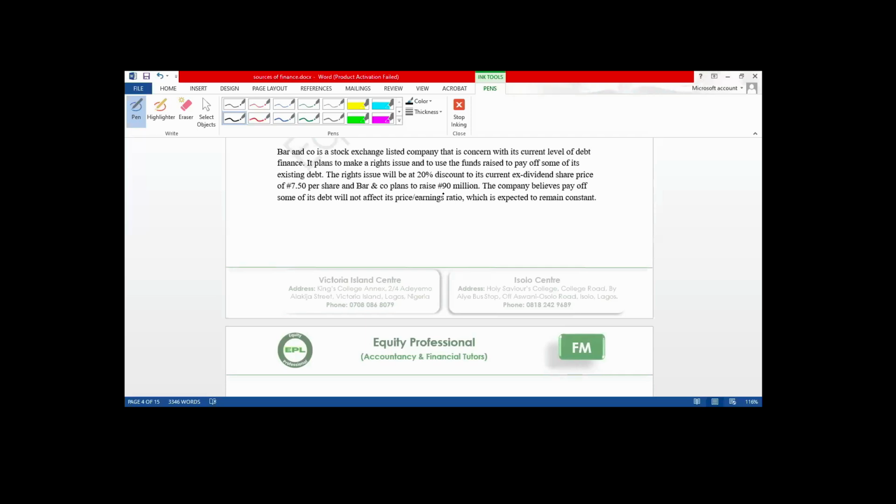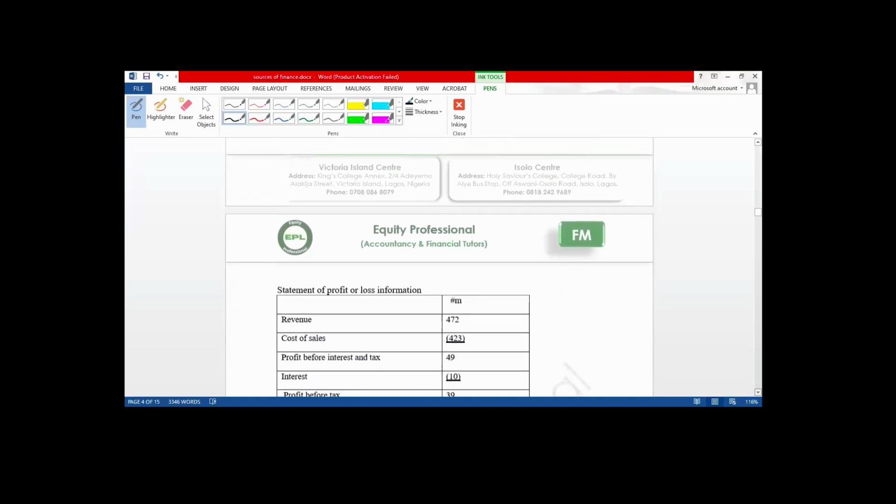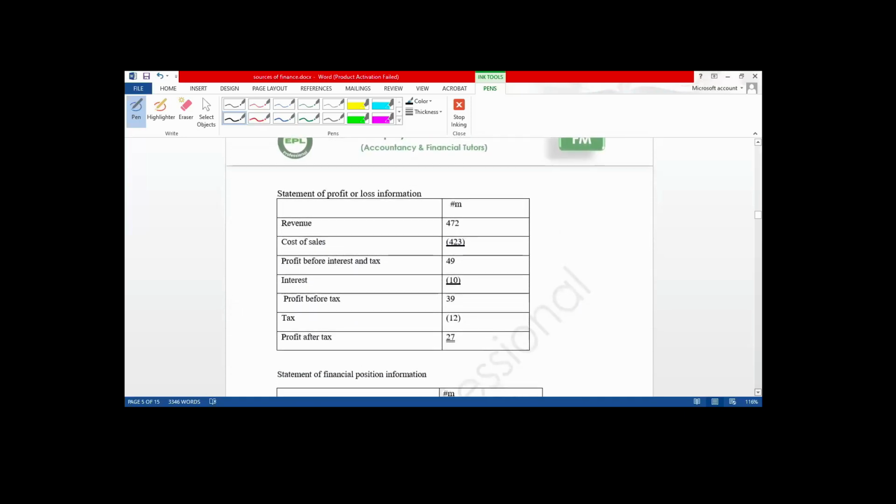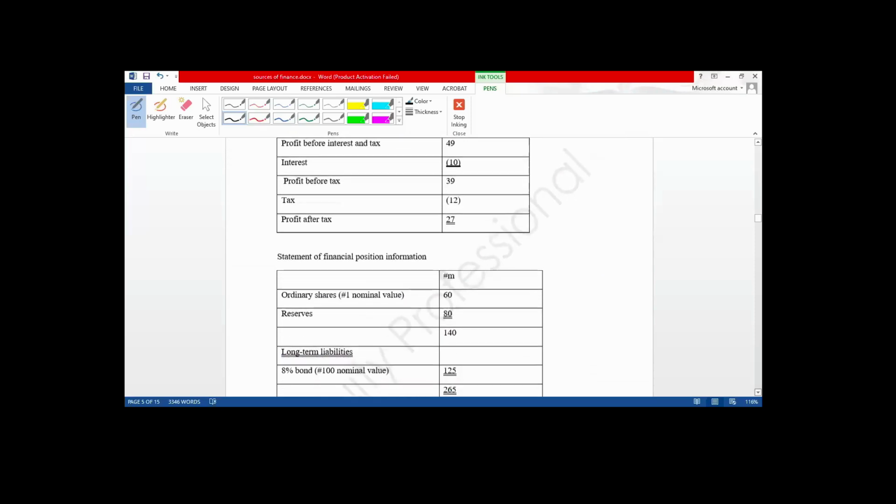The amount we have is 90 million. But we need to determine the nominal value of the debt to be repaid. What is the nominal value of the debt to be repaid? Please come here.